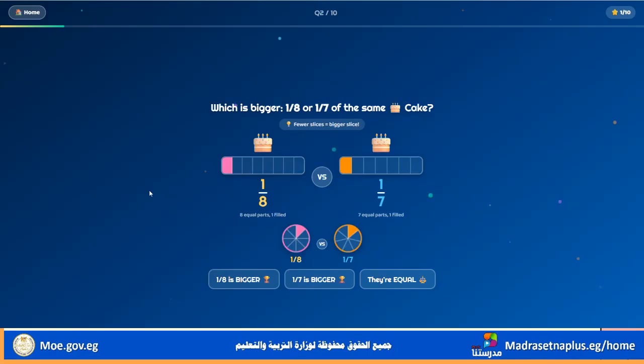Yes. Now we have two cakes. On the left, you can see 1/8. On the right, you can see 1/7. It's easy to differentiate between them. Which part is bigger? 8th or 7th? Which part do you prefer to get? If you have two pieces of cake, one of them represents 8th and the other represents 7th, which part do you prefer?